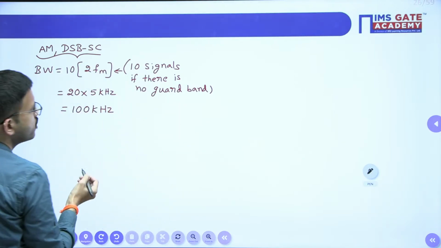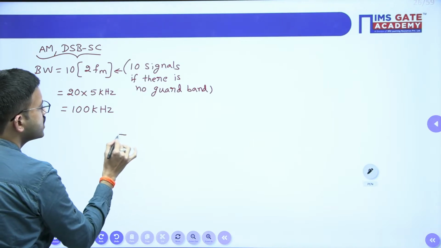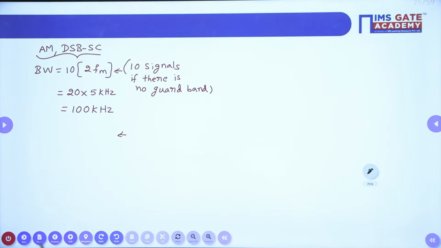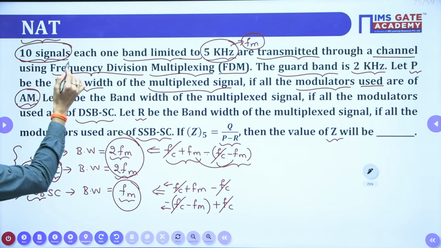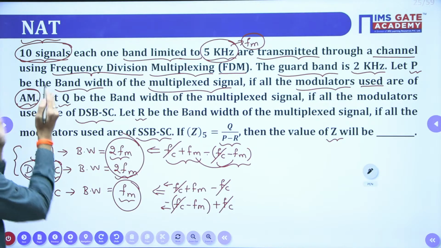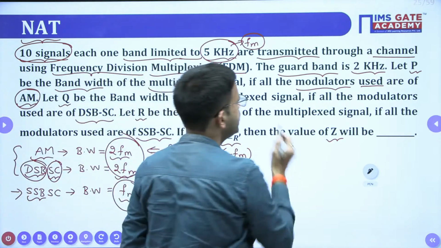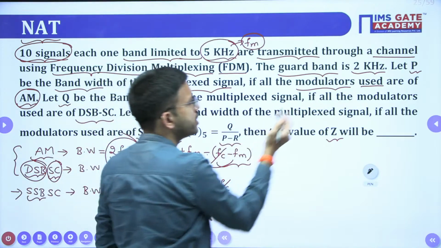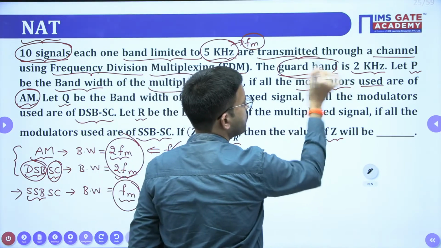But in the question, there is a guard band between the 2 spectrums. With 10 signals, between each 2 consecutive signals you have a guard band.